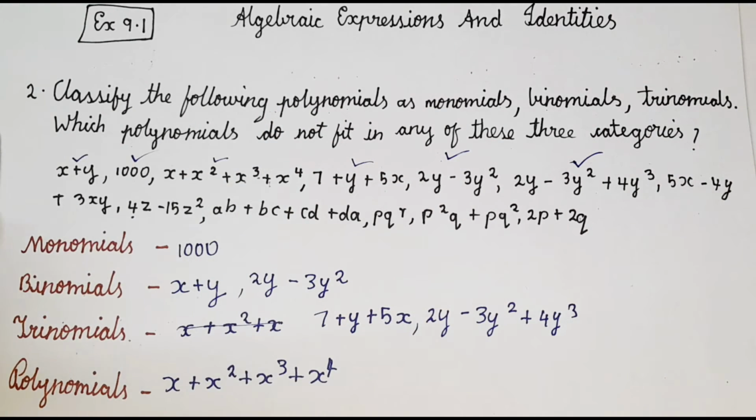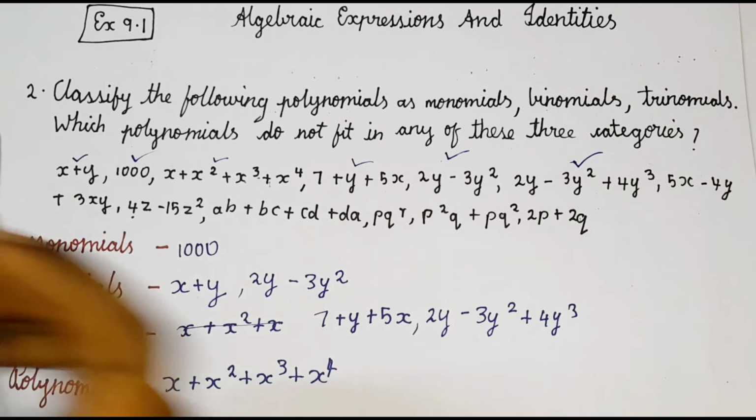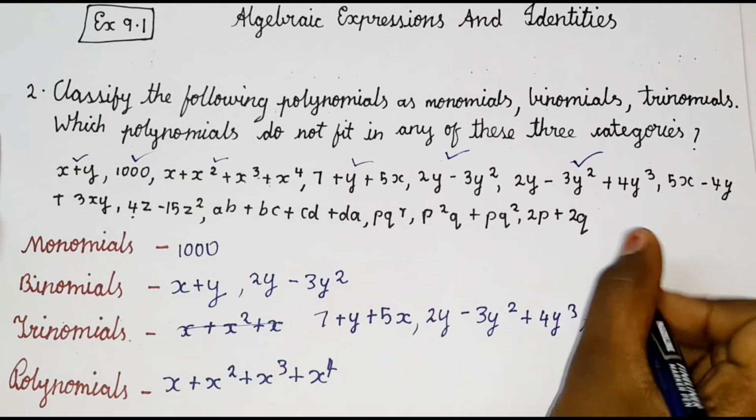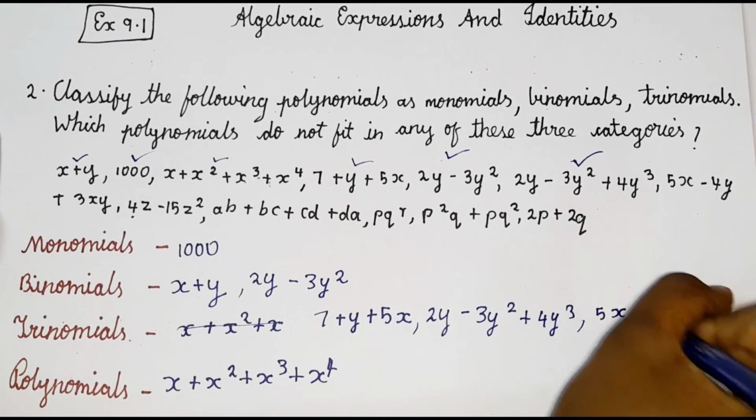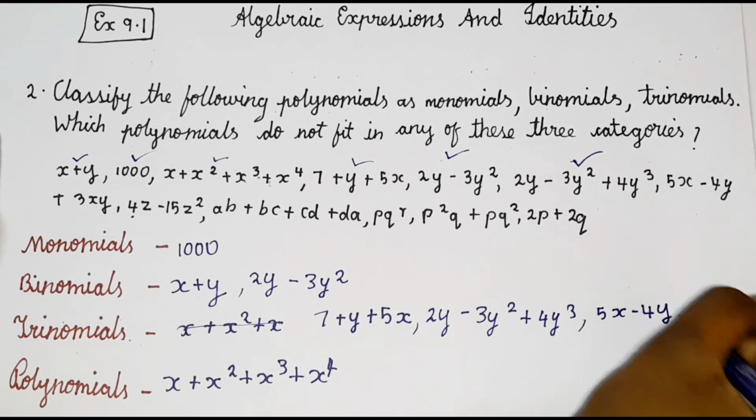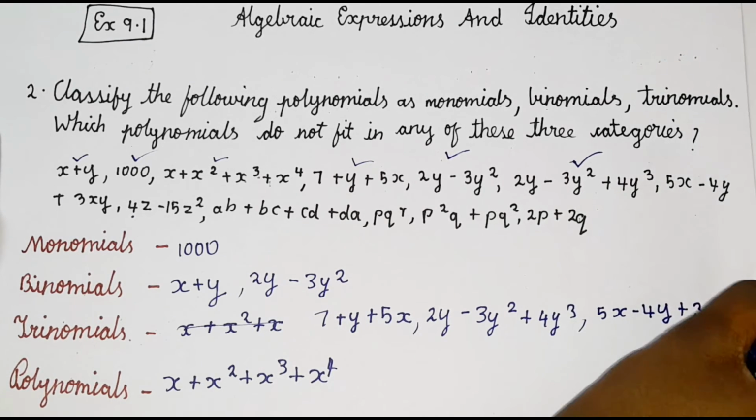So next we have 5x minus 4y plus 3xy. So here also we have three terms. So three terms means, of course you guys know it is a trinomial. So let's write 5x minus 4y plus 3xy.